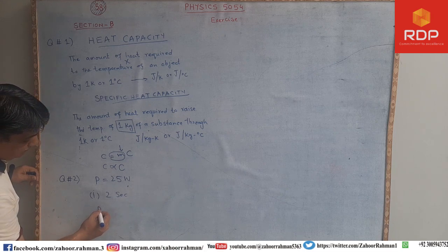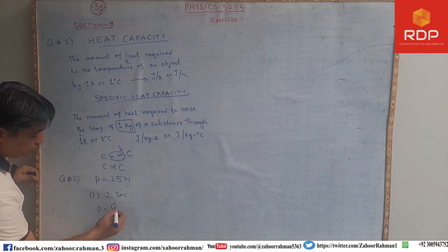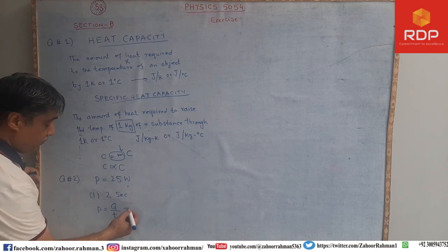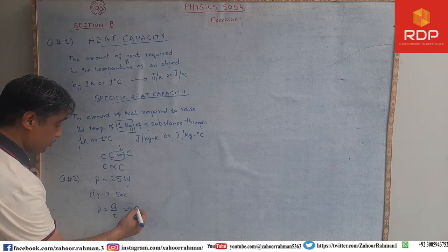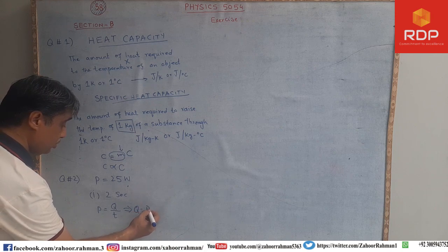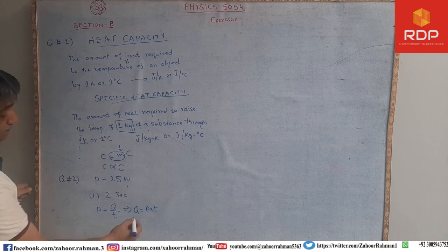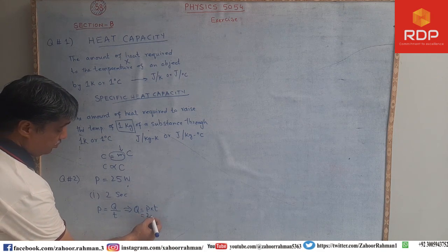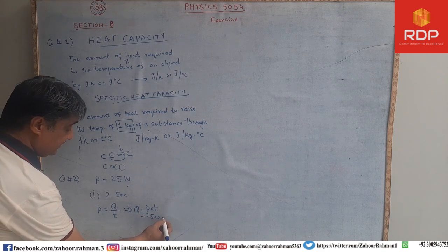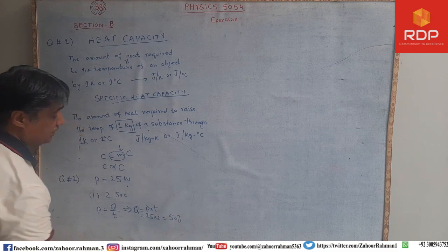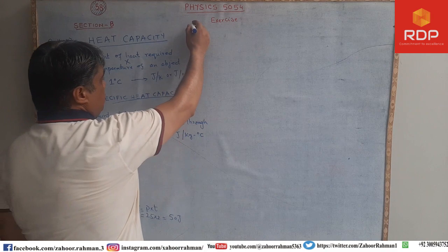So P is equal to Q divided by T, and we have to find Q. So Q is equal to P into T, and P is equal to 25 and T is equal to 2. So that will be equal to 50 joule.